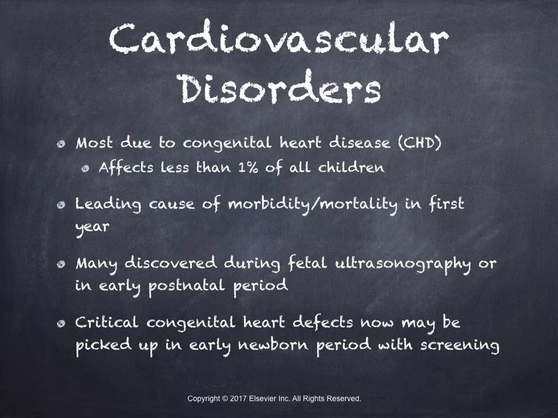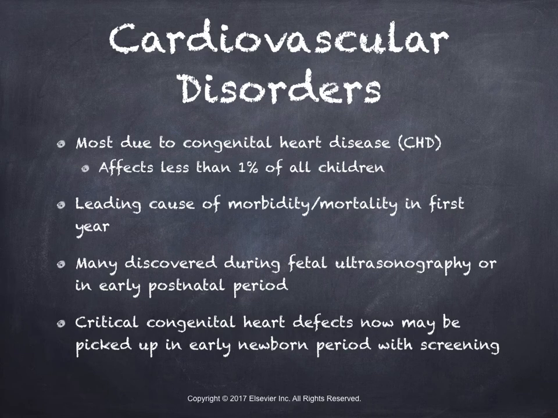For the last few years, newborn nurseries have been doing critical congenital heart defect screening on all newborns using pulse oximetry. They will obtain a pulse oximetry reading on a right hand and on a right foot, and criteria, I think it has to be a greater than a 4% difference, will indicate a failed screening and require further evaluation.